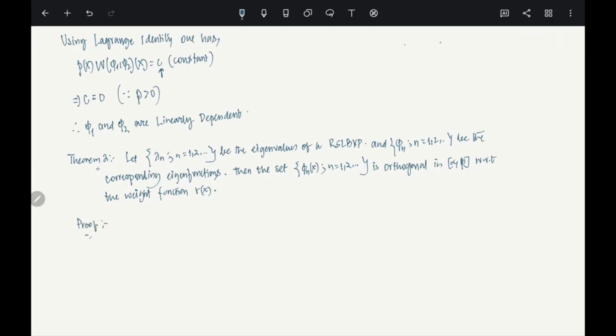Let lambda k and lambda l, with k not equal to l, be eigenvalues, and phi k(x) and phi l(x) the corresponding eigenfunctions.